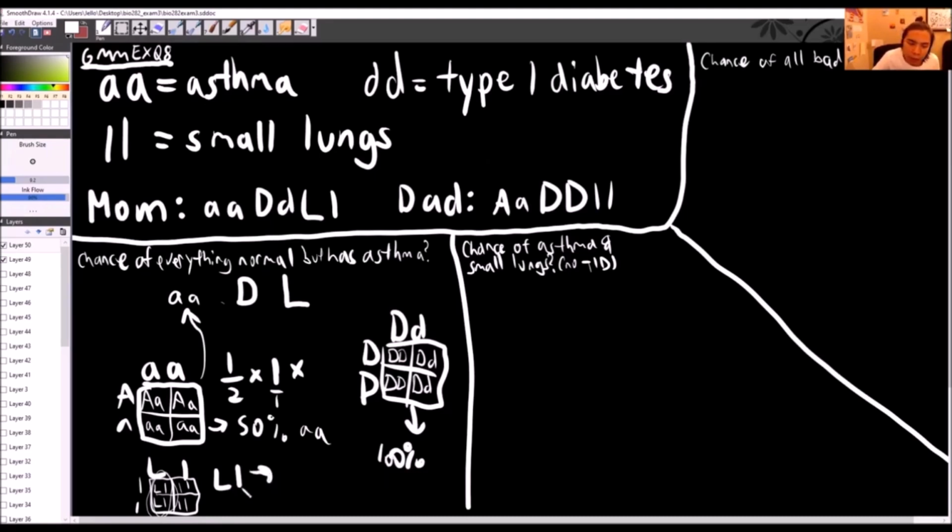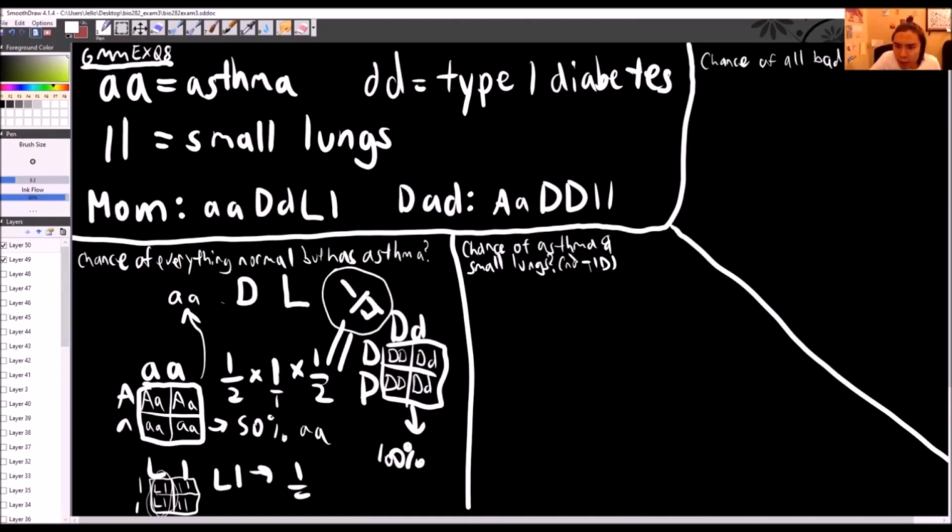So you have the normal wild type. That is 1/2. So multiply everything together to get the chance of all 3 of them. 1/2 times 1 is 1/2. 1/2 times 1/2 is 1/4. So there is a 1/4 chance that the resulting kid is everything normal, but has asthma.